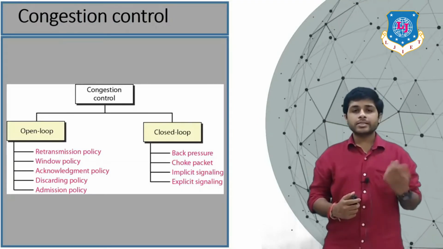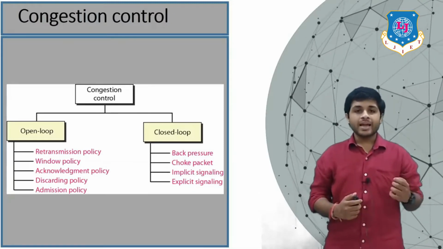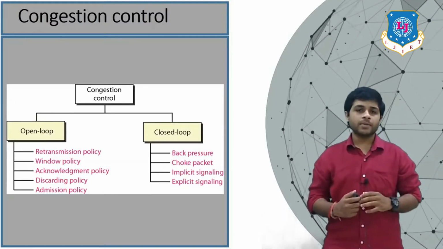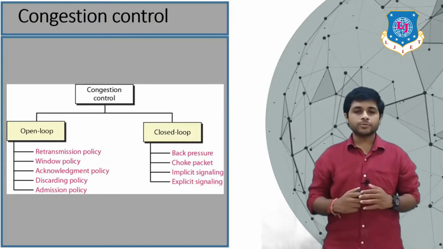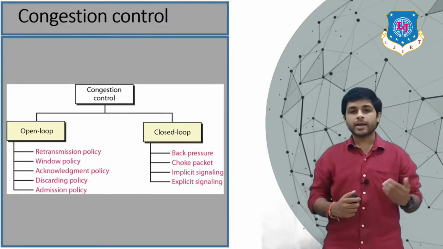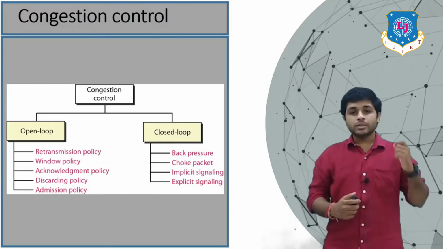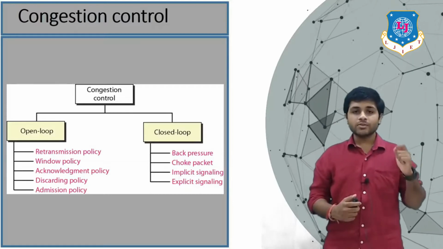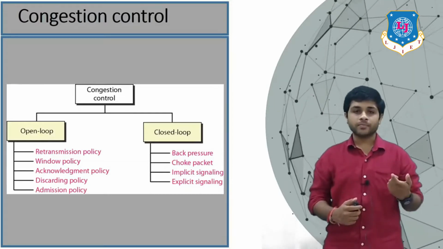Suppose the sender has sent a packet and has not received any acknowledgement yet, and it has waited for a very little amount of time, and concluded that okay, I have not received any acknowledgement, so I'll retransmit the packet again. But because the transmission is very slow, the sender is going to receive the acknowledgement, but it is not waiting that long and it is retransmitting the packet again.